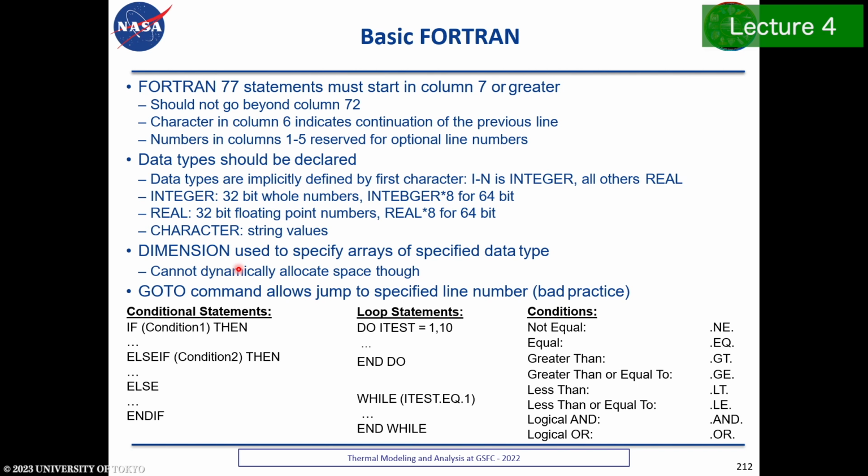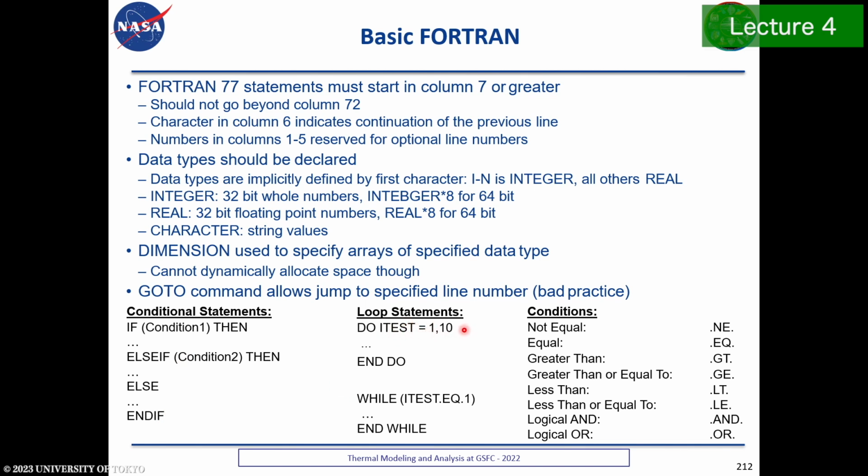Go-to commands are available. I would advise not using them. They make for really difficult spaghetti code to follow, where you go to 321 and then wonder where that is, and so on and so forth. So it's better to use structured code if you can. Conditional statements: if a condition, then, else if condition 2, then, else, end if. Loop statements: do I equals 1, 10.